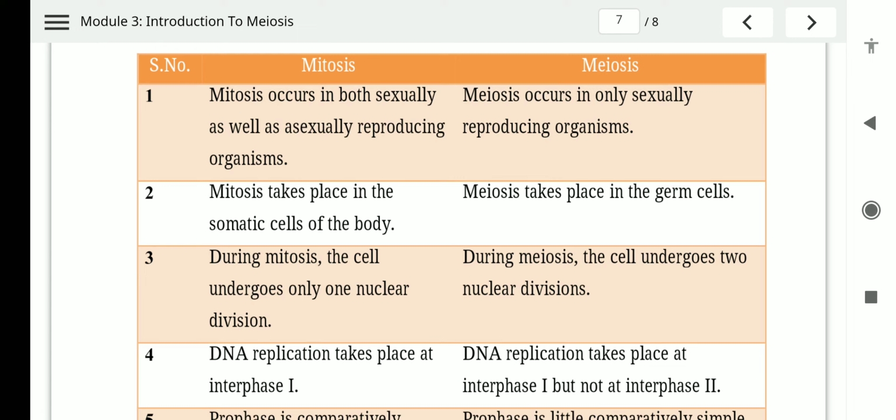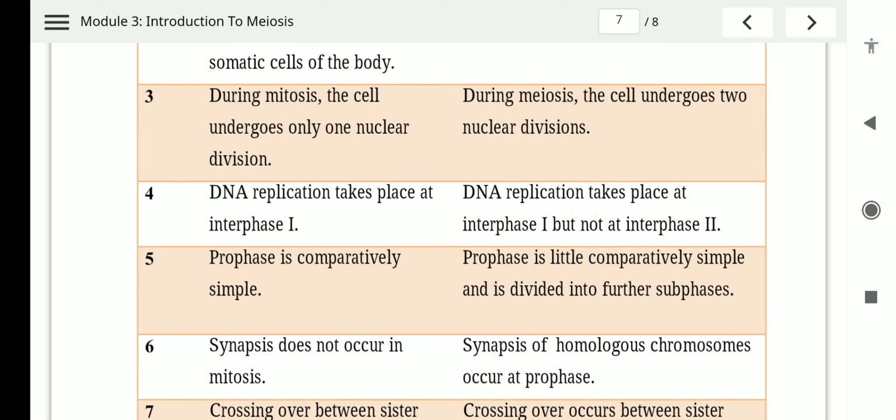During mitosis, the cell undergoes only one nuclear division, but in meiosis, the cell undergoes 2 nuclear divisions. DNA replication takes place at interphase, but not at interphase 2. So, here also DNA replication occurs only one time.